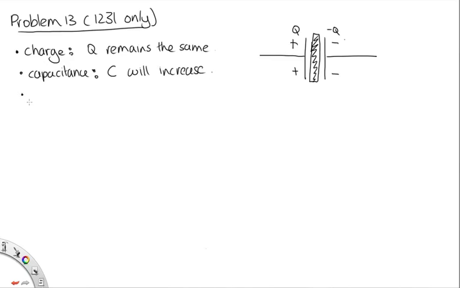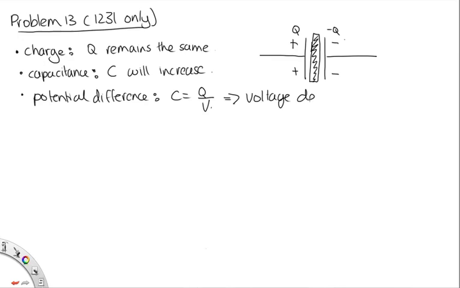Then we're asked what happens to the potential difference. So we have C is equal to Q on V. If Q is remaining constant and C is increasing, then the voltage must decrease. So voltage decreases.